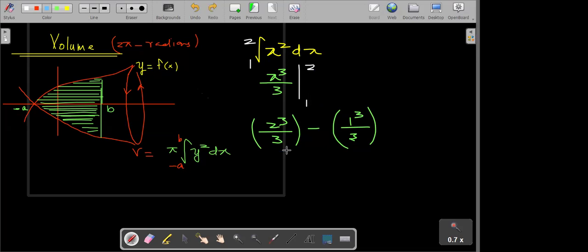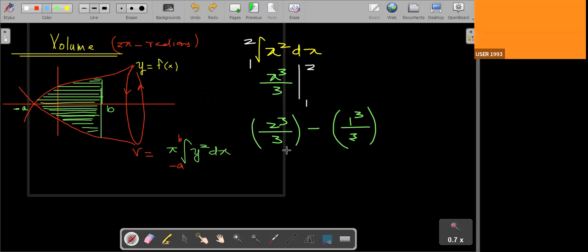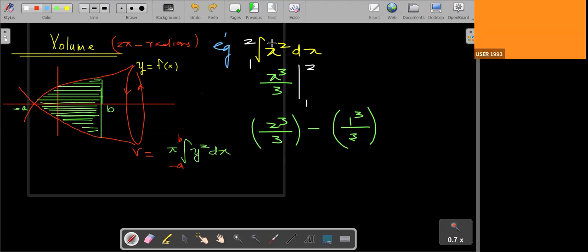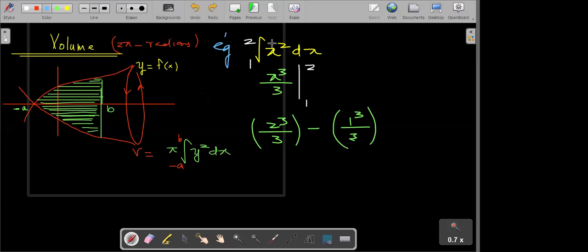Imagine you have a different question: integrate x squared from 1 to 2. When you integrate x squared, it's x cubed over 3, from 1 to 2.